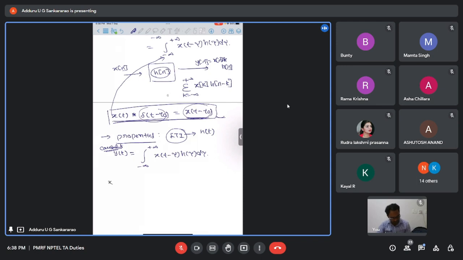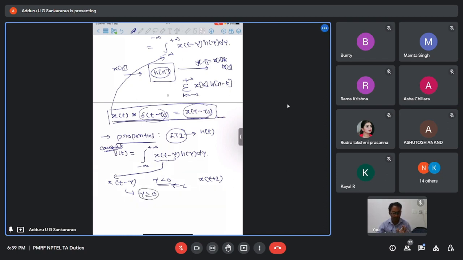Now in this x of t minus tau, if tau is less than 0, then it is nothing but the future input, right? If tau is, let us say, minus 2, then x of t plus 2 is the future input. So for the system to be causal, tau should be greater than or equal to 0.